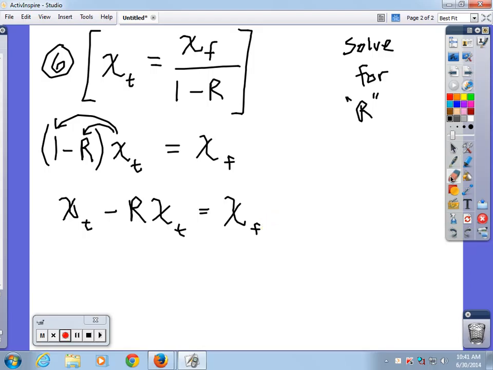Now what? Get the x of t on the other side. So that's going to give you negative r x of t is equal to x of f minus x of t. Now what?